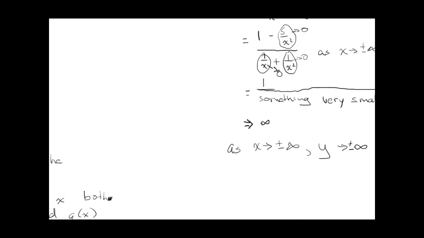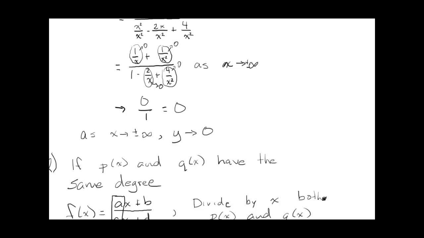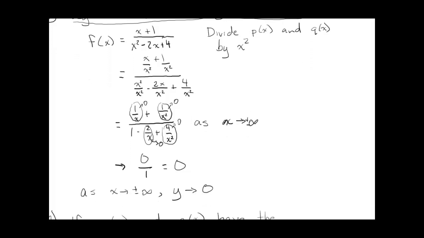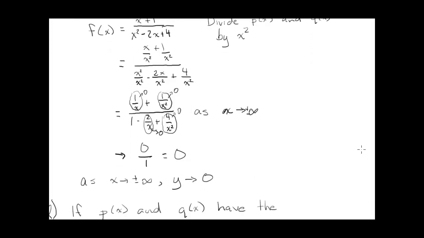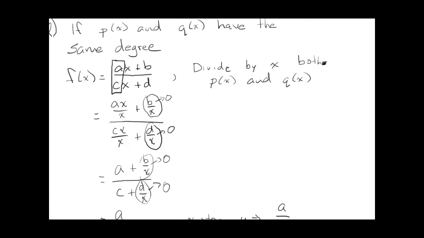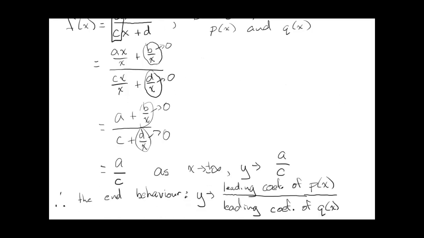So the first case, take it over here. The first case, if the degree of p at x is smaller than the degree of q at x, like a linear over a quadratic or a cubic, anytime the degree of the bottom is bigger, then y approaches 0. The second case, when the degrees are equal, so a linear over a linear, then you just take your leading coefficients and divide them.